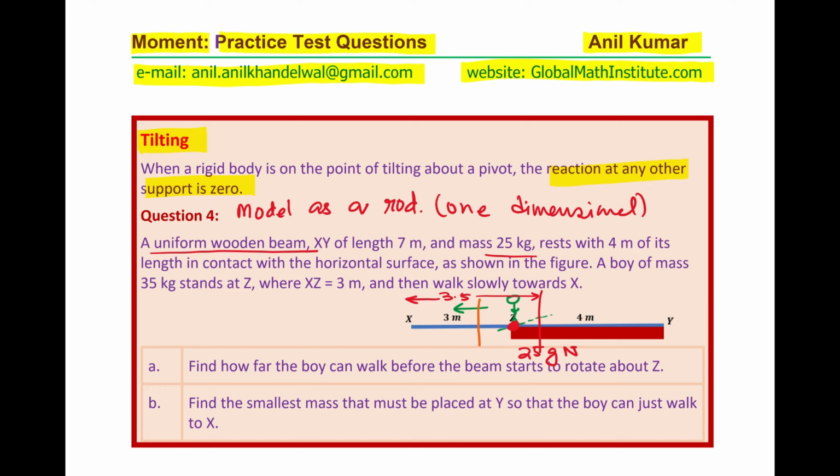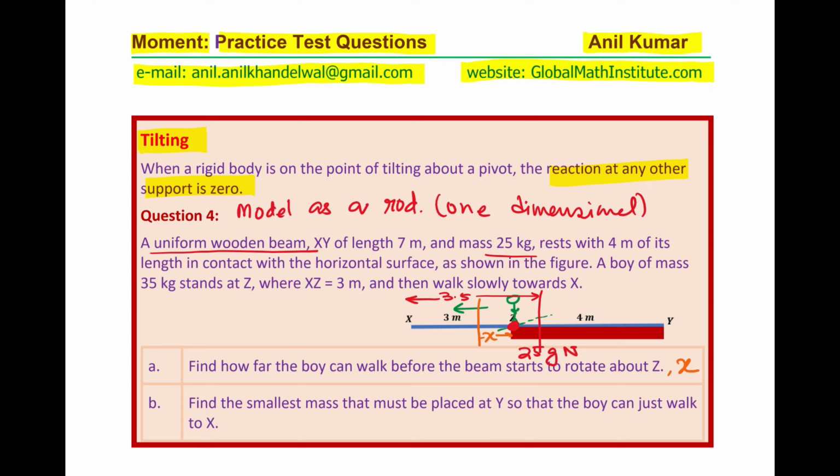The question is how far the boy can walk before the beam starts to rotate. So let this distance be x from Z, as shown in the diagram. To find the answer, we'll consider the moments about Z. That should give us the answer.